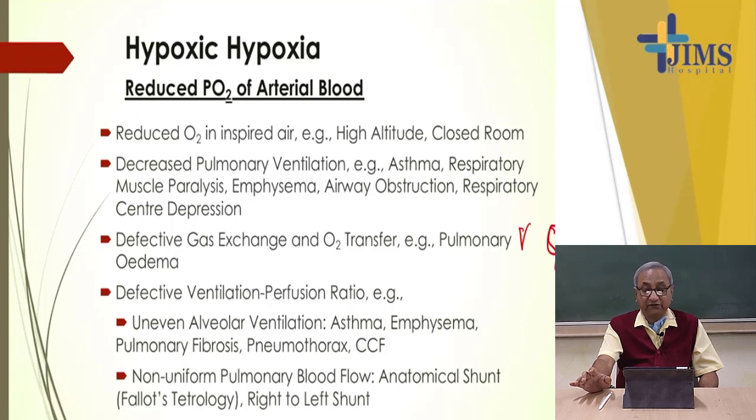Number 5 is non-uniform pulmonary blood flow, where the pulmonary blood flow is sometimes oxygenated and sometimes deoxygenated, as in anatomical shunt, like in tetralogy of Fallot, or in any right to left shunt.